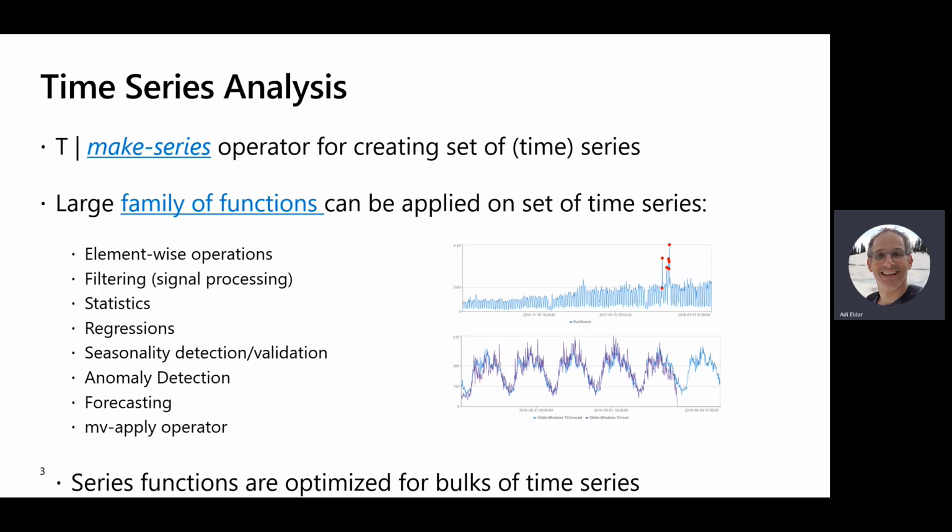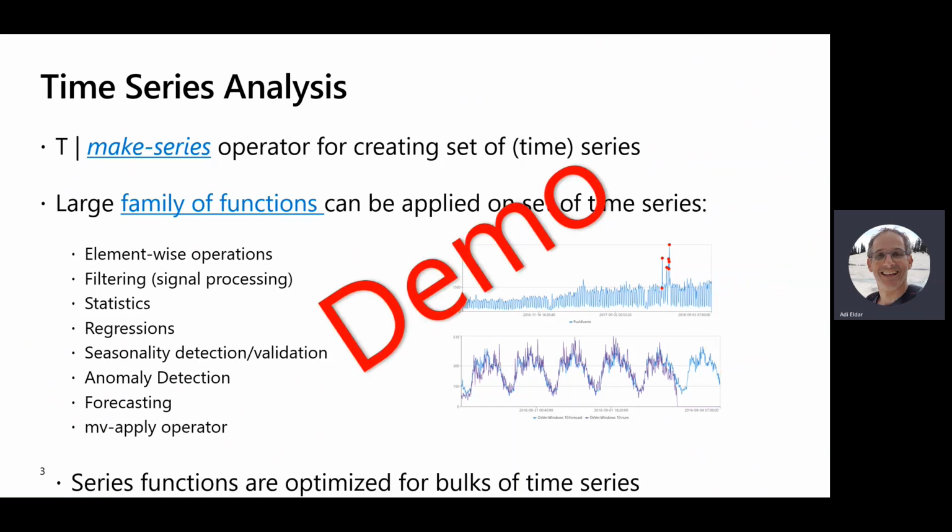What's important to note is that all these functions can be applied and optimized to process thousands of time series in a matter of seconds, and you will see it in my demo.